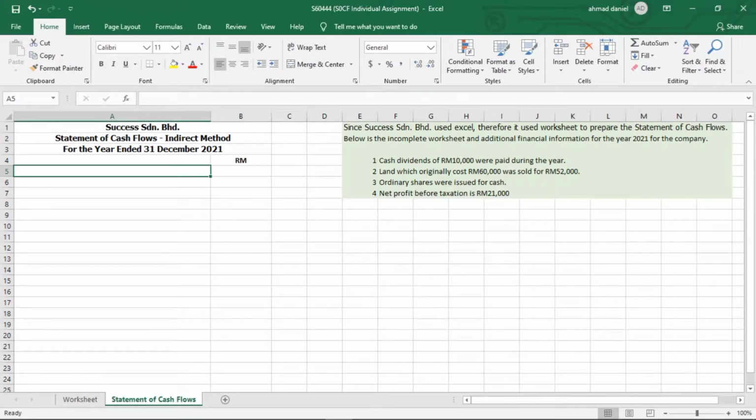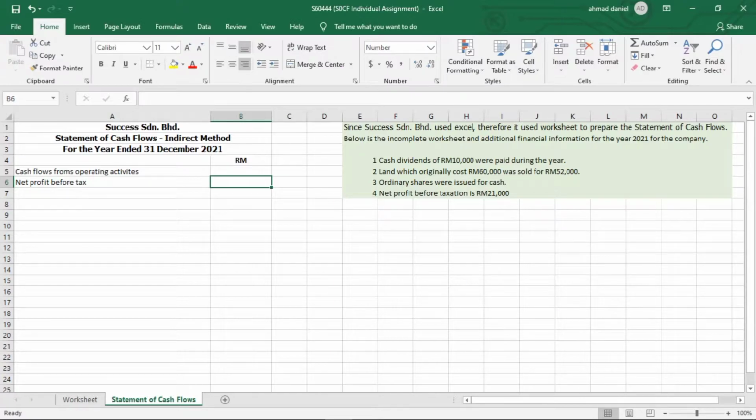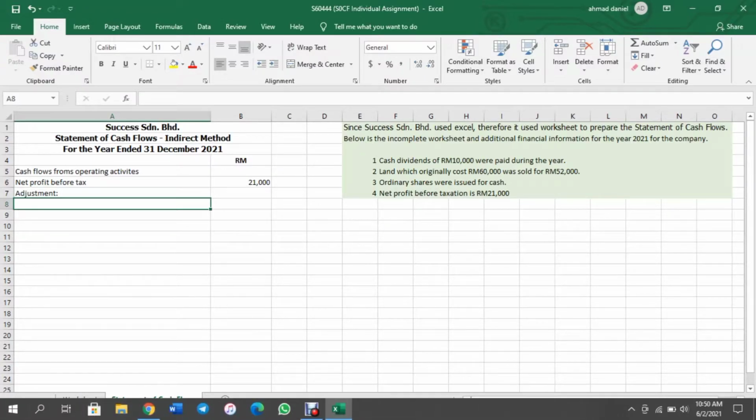Firstly is cash flow from operating activities. The amount will be taken from additional information number 4, 21,000. For the adjustment section, there are only two items, that is depreciation from the worksheet and loss on disposal of plant from the additional information given, number 2.